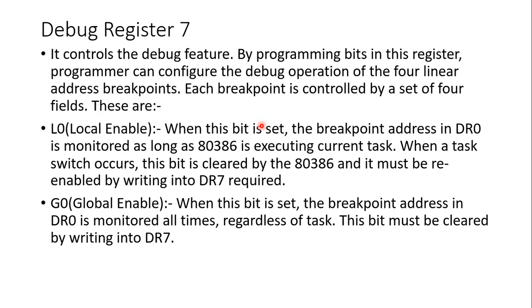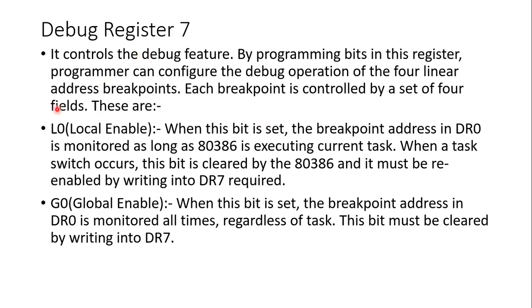As long as it is executing the current task. Whatever the current task is, until it is completely executed, the DR0 will be monitored. Once the execution of the current task is completed, there will be a task switch. After completion of one task, it will switch to another task. Then there will be a task switch. So when a task switch occurs, then this bit, which bit?